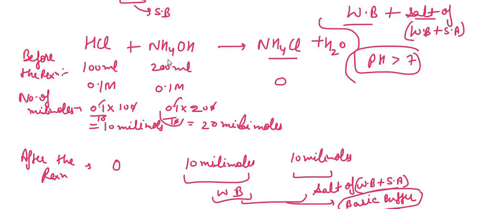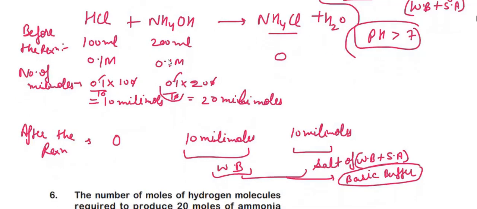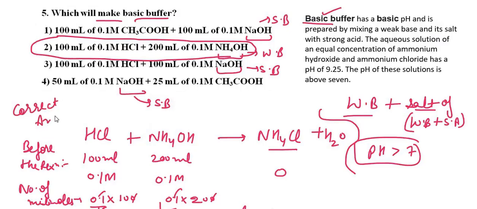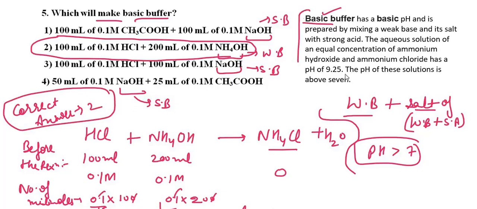So the option number second in this question is correct. Although you can mark the answer before solving by just knowing the definition of basic buffer, for surety purpose we are solving the question here.